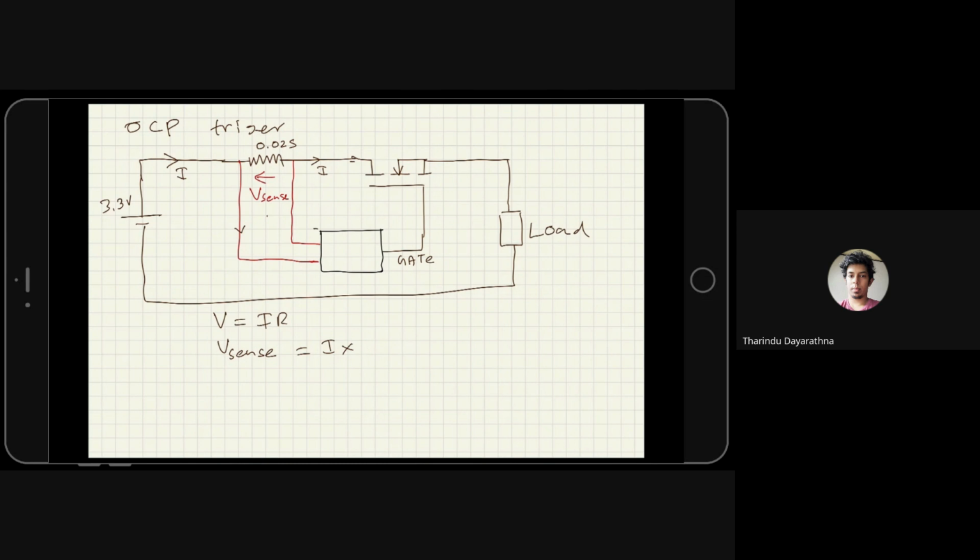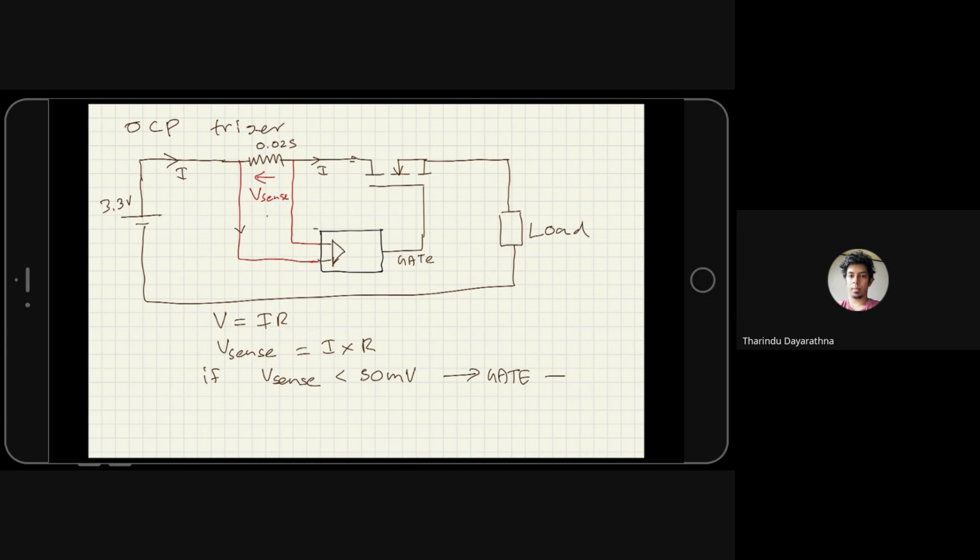for simplicity. Inside there is some kind of op amp to detect those things. Okay, this OCP says if V sense is less than 50 millivolt, this gate signal will be high.